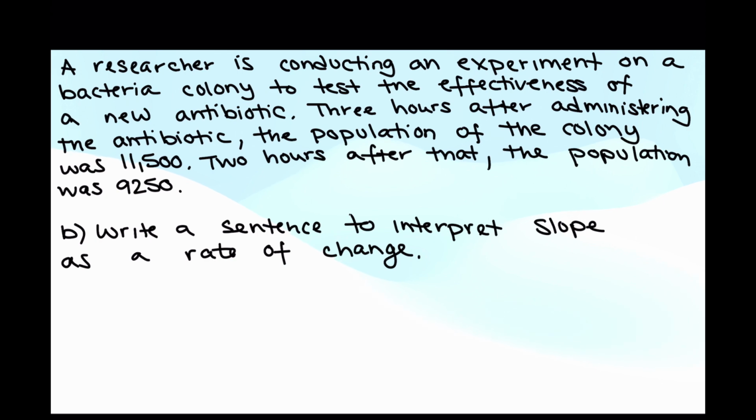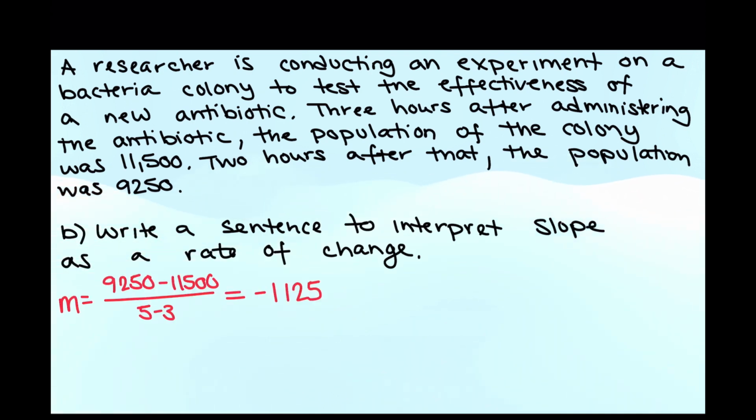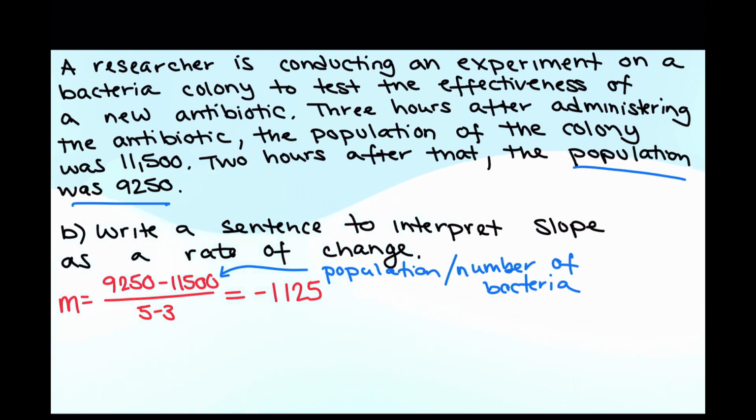And in fact, part B asks us to write a sentence to interpret slope as a rate of change. And so to do this, I always like to attach units to my slope computation, and that really helps me get my sentence together. So when we computed slope, we took that 9,250 minus 11,500, and those numbers represented our population, or number of bacteria.